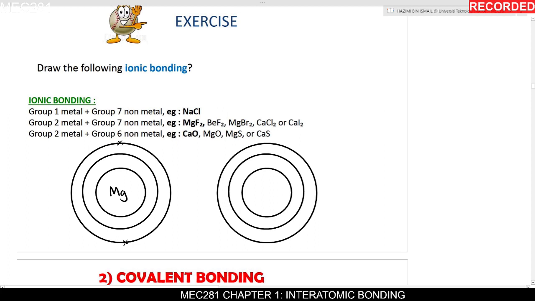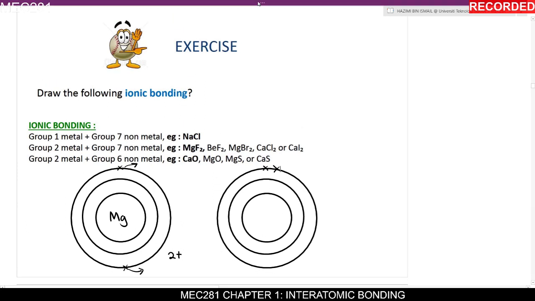So it will have to give up its last electrons in the most outer shell. So 2 electrons should be released or removed or donated to the other elements. And for the fluoride, we know it is group 17, so it has 7.